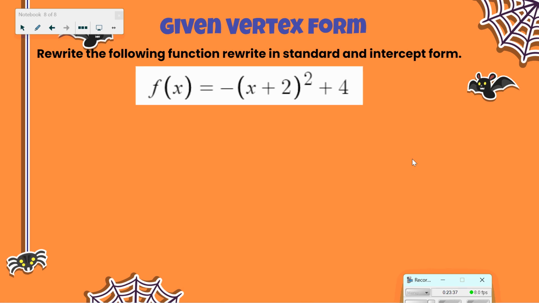Vertex form. Let's talk about getting into standard form first. What predictions do you have on how we could go from our given vertex form into standard form? What are you seeing? How could we get there?